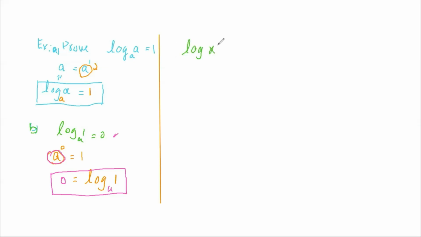log X power R base A equal to R log X base A, where R belongs to the real numbers. Okay. So now we want to prove this equal to this.